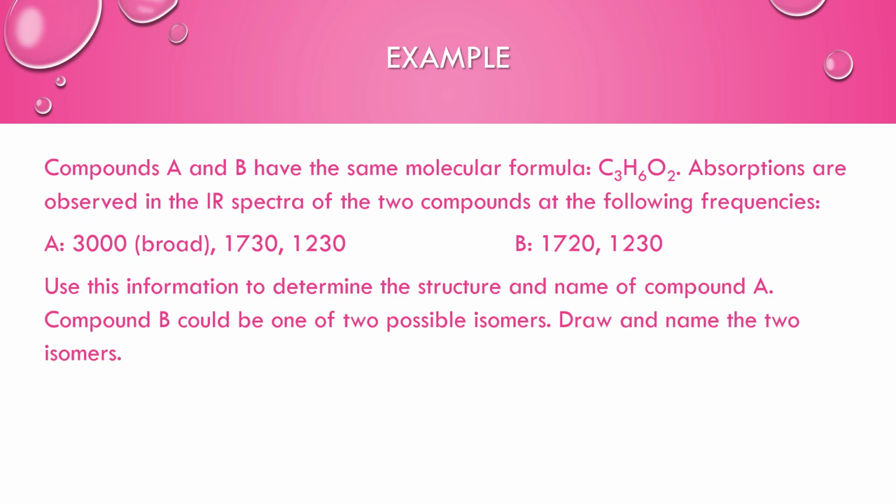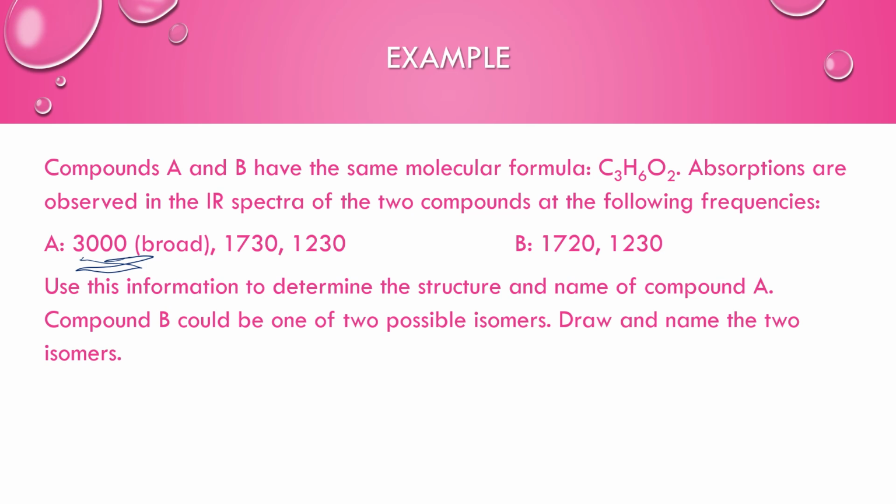All right, for this example, we've got 2 compounds with the same molecular formula, and they give you the absorptions that are observed in the IR spectra for the 2 compounds. The big difference is this 3000. That's broad. So you would go to your data table, the data booklet, and there is a peak at about 3000. That's very broad.